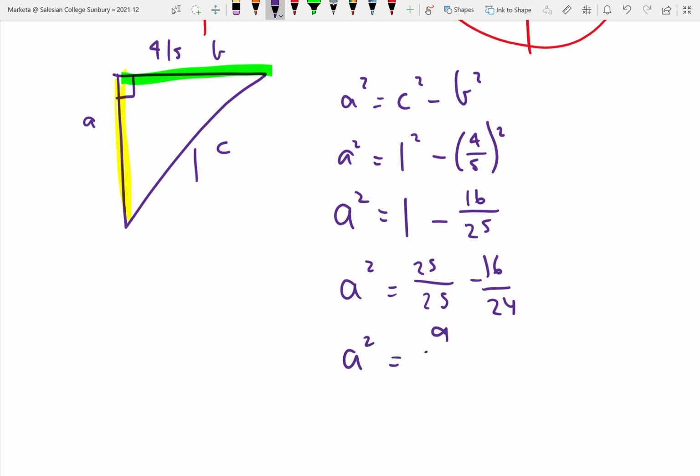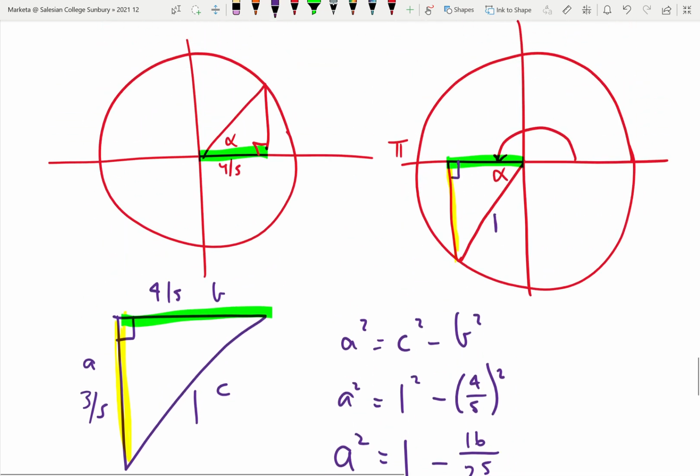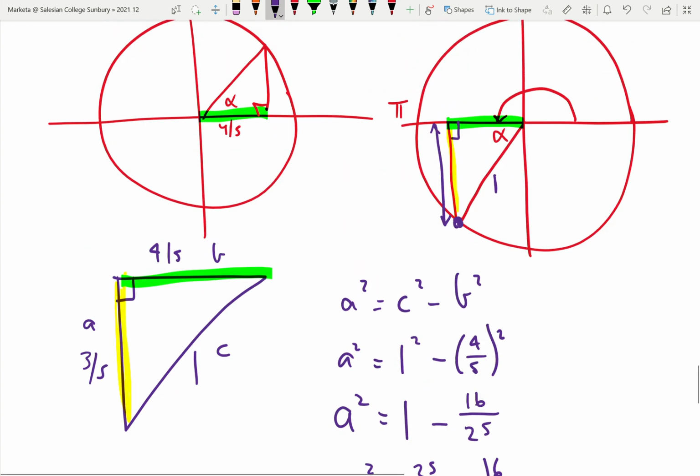Excuse me, A squared equals 9 on 25. Oops, that should be a 5. And of course, when we square root, we're going to get A equals 3/5 plus or minus. And in a physical triangle, the only value you could have would be 3/5. It wouldn't be negative. Let's take a look at our picture though, and we see this length for sine. So yes, it's 3/5.